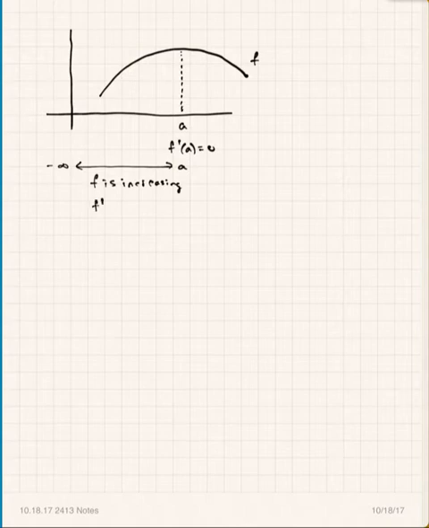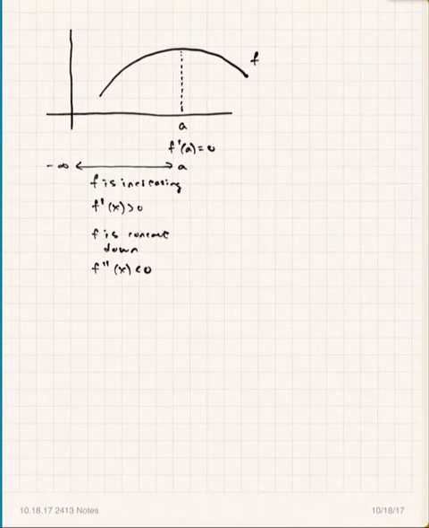Its first derivative has to be positive in that interval. And what else do we see? That the tangent lines lie above the graph. So f is concave down. And so what do we see? That the second derivative there must be negative.